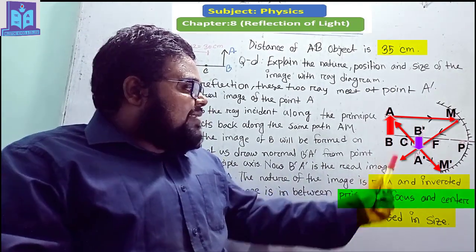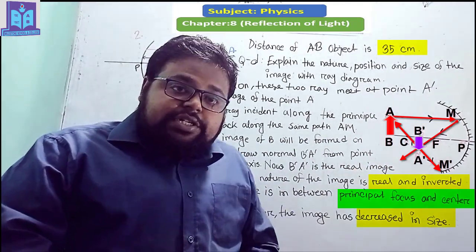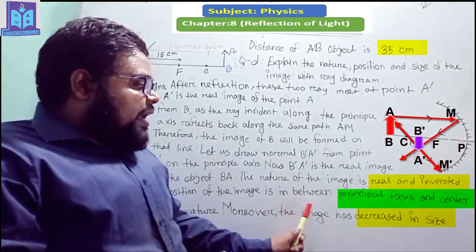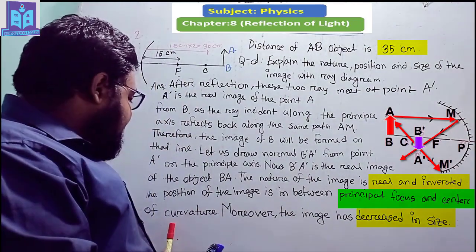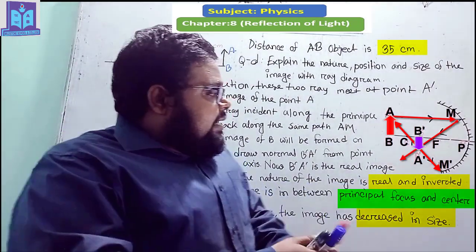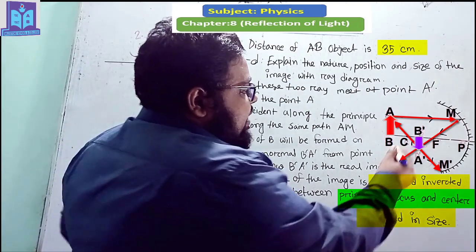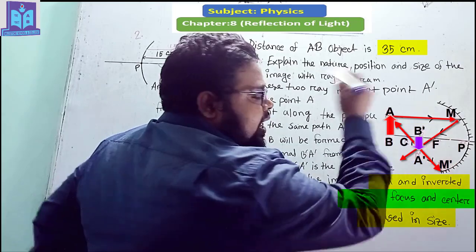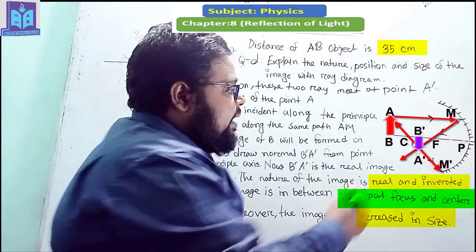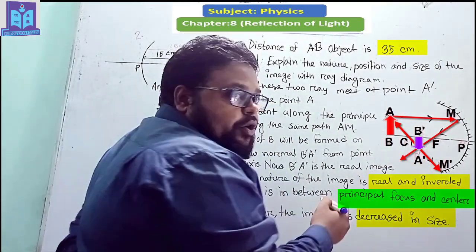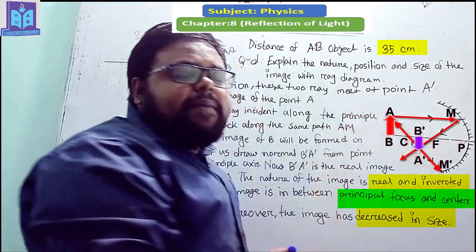That's why you can say that the image is an inverted image. The position of image is between the principal focus and the center of curvature. Here you can see that C is the center of the mirror and F is the focus of this mirror, and the image is created between the center and the focus of the mirror.